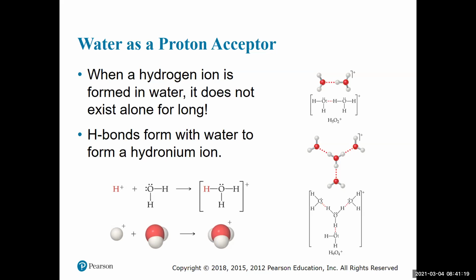When we talk about hydrogen ions in an aqueous solution, we're really talking about H3O+. People usually don't write out H3O+, they just write H+. Those tend to be used interchangeably, but technically it's this hydronium ion, H3O+, that's formed in the aqueous solution.